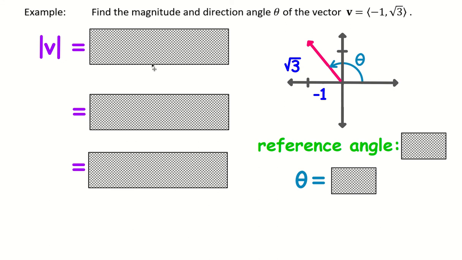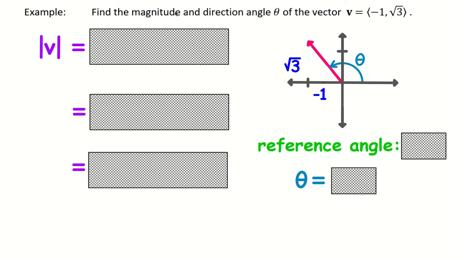Find the magnitude and direction angle theta of this vector. Find the magnitude and the direction angle, right? Well, think about it. This is the standard representation.